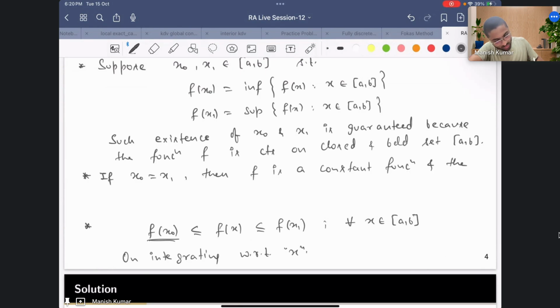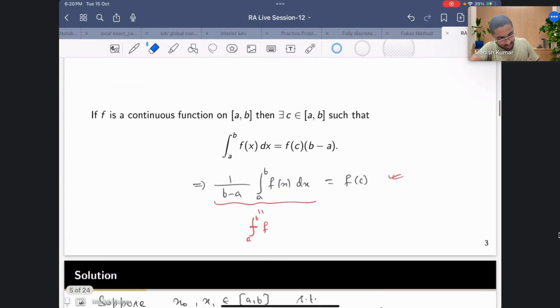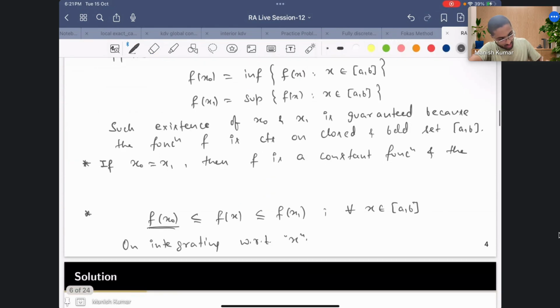When the function is constant, this will be some value alpha, and f is also alpha. Now when you integrate it over [a, b], you will get alpha times (b minus a). So it is obviously true, correct? When it is constant, the identity holds trivially.